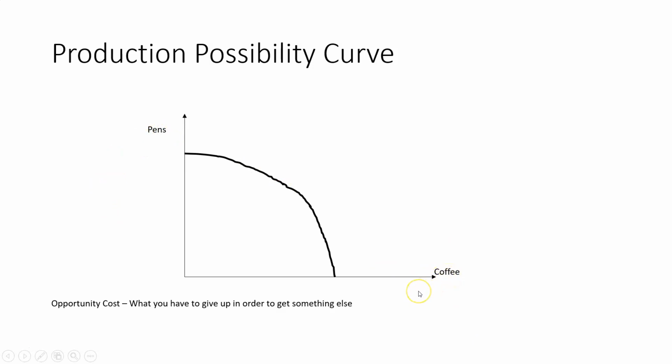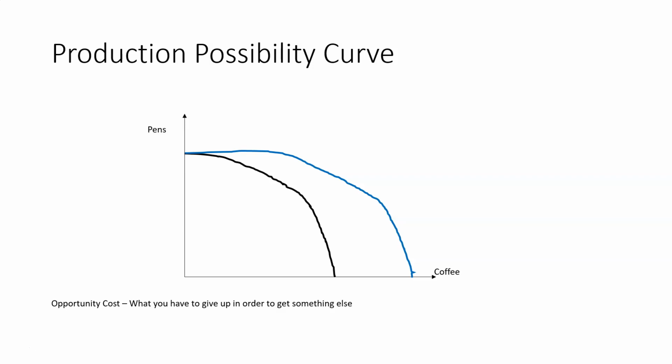All right. Now, the location of this production possibility curve, sometimes called a production possibility frontier, is determined by those assumptions we just looked at. If we change those assumptions, then this picture would change. Let's see what would happen. If we changed coffee technology, and remember, changing technology means you're going to move to a newer technology that produces more.